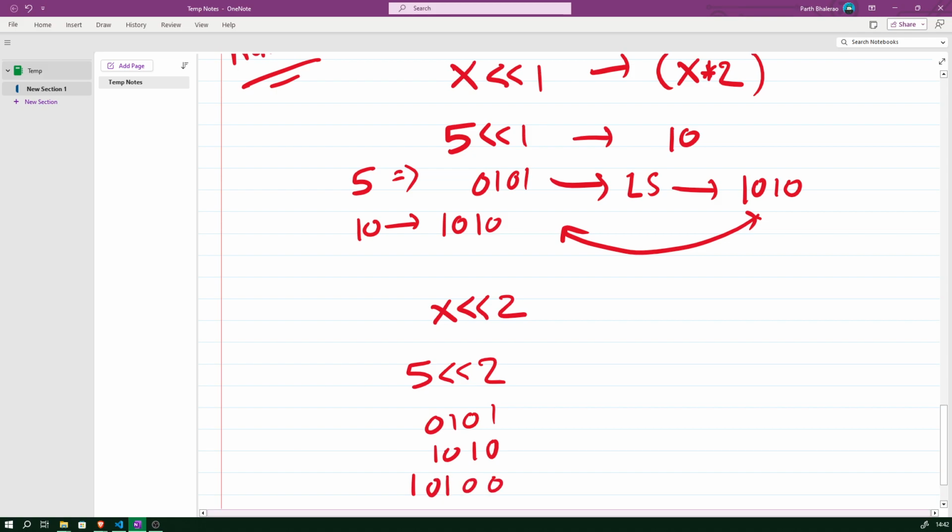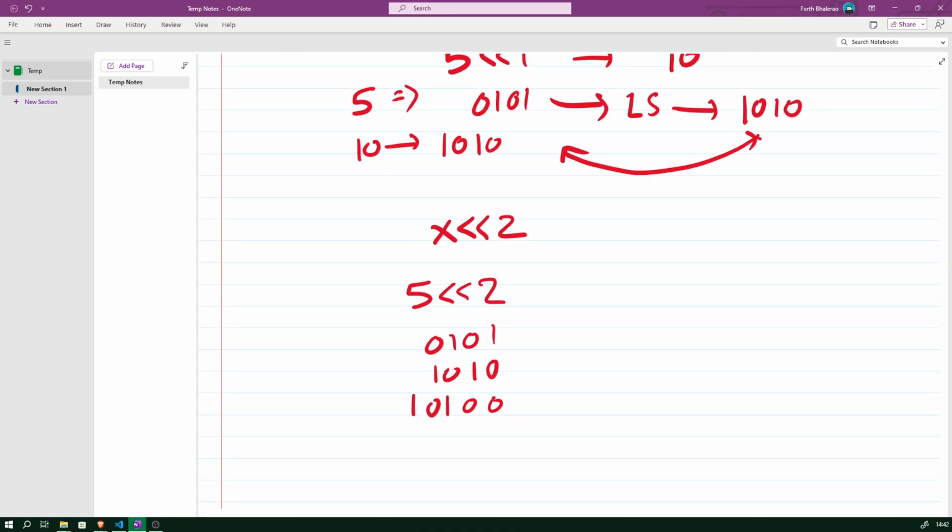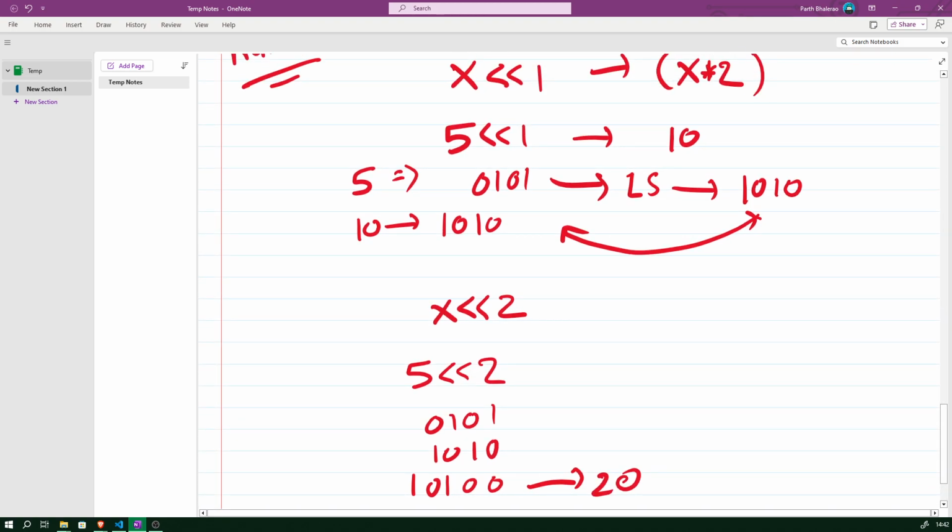So it would become, 1 2 4 8 16, 16 plus 4 is 20. Perfect. So basically 5 left shift 2 was 5 into 2 into 2, that is 5 into 4, equal to 20.